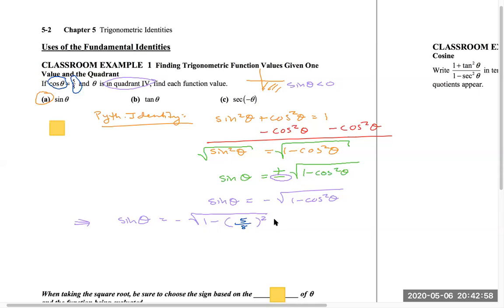And you could use a calculator for this part if you need to. 1 minus 5/8 squared, that's going to be 39/64. Under the radical, still with a negative in front, we can separate the radical.